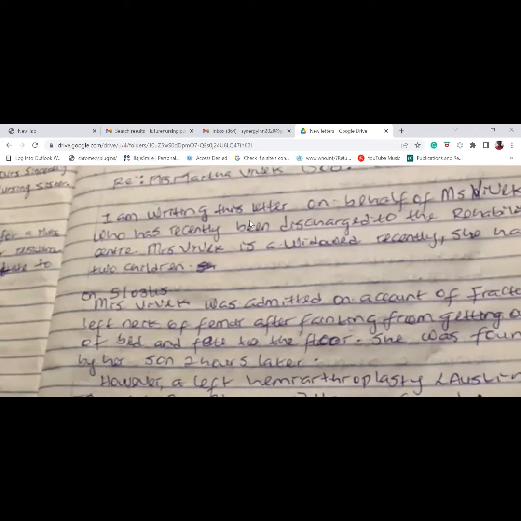So now that's the first paragraph. Again, I'm going to emphasize the key elements in the first paragraph. You need to identify the patient. Here you said Mrs. Vivek. So what other way can you identify this patient?